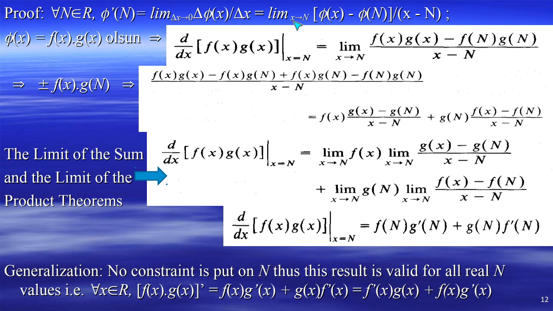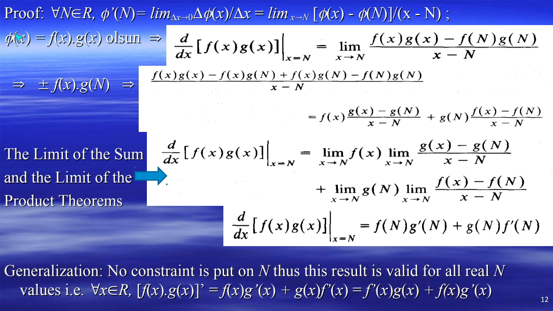We can express it as the limit when x goes to n of phi of x minus phi of n over x minus n. This is the rate of change of the function phi, and when we take the limit of it when x goes to n, we obtain its derivative.